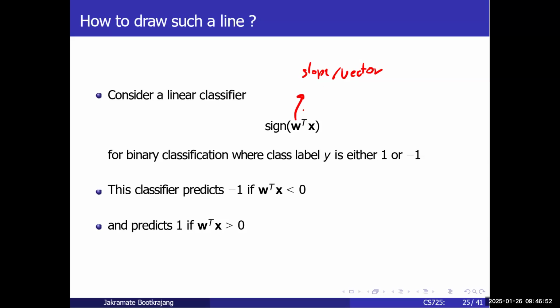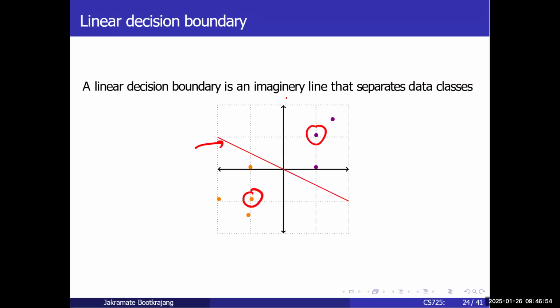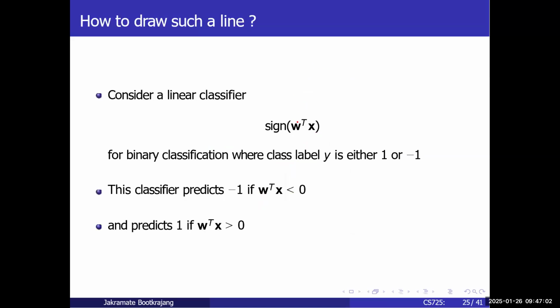So basically, what you want to find is a vector. For this line, the vector is going to look like this. And you want to multiply the vector with the data, and this will give you a positive number or a negative number. It's basically the dot product with the vector, right?